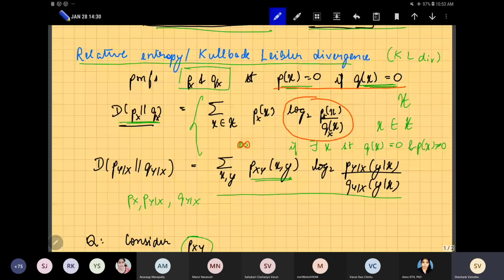This really is in some sense a technical restriction. But if this condition is not satisfied, if the support of q is in fact smaller than the support of p, then the KL divergence is defined to be infinity.